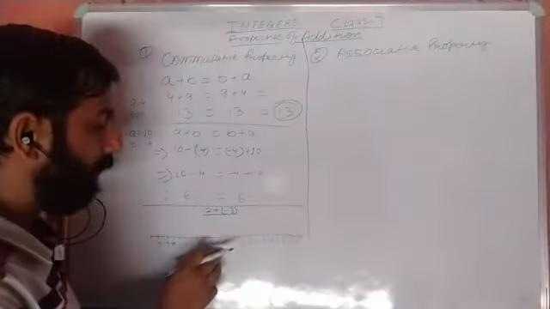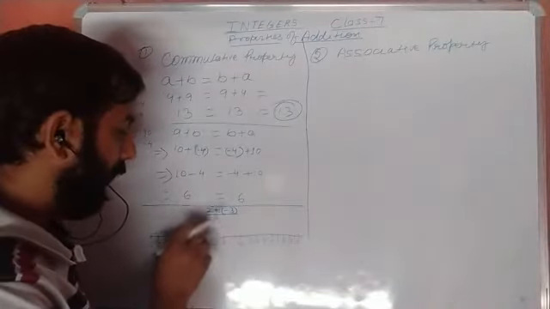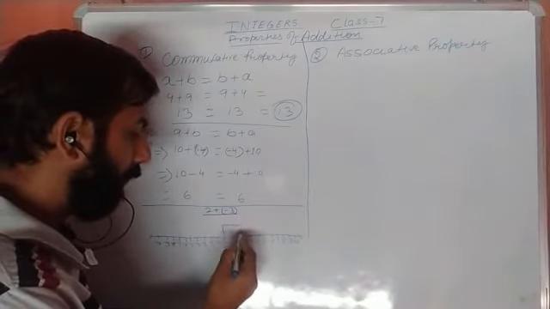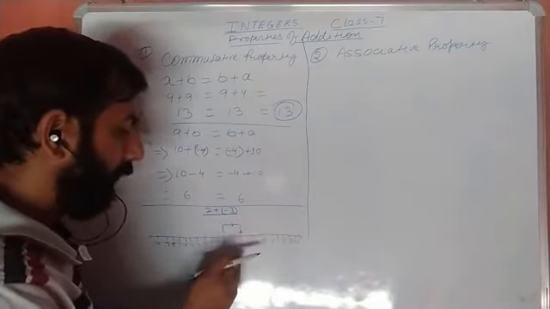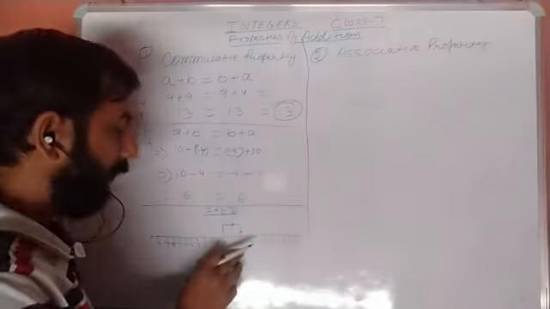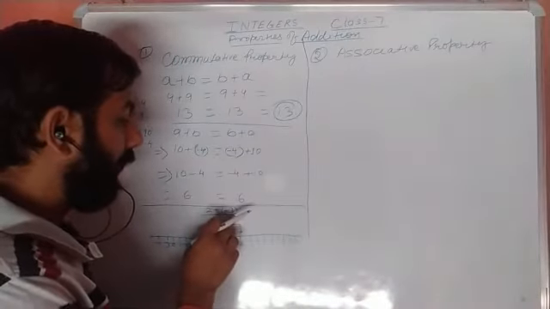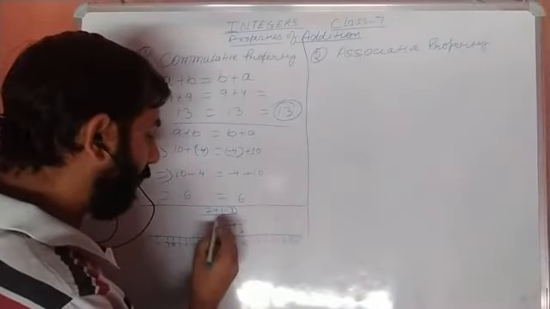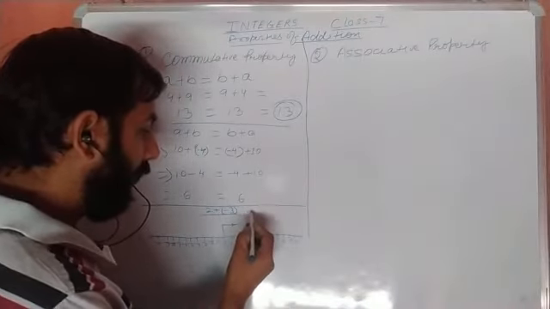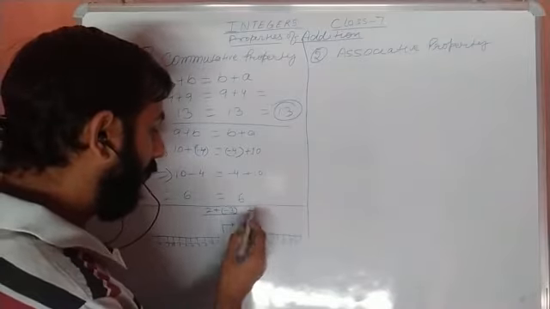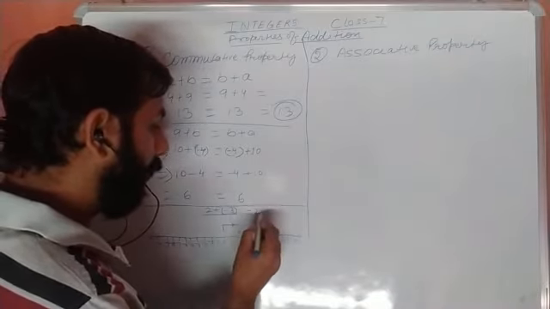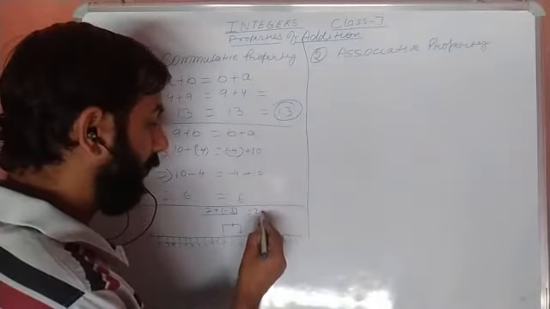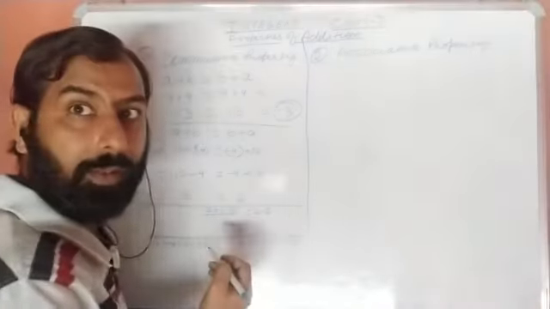From 0 we have to start, 2 digits. Here is plus 2, so we will move from 0 to plus 2. Now it is plus minus 3. So if we change this, plus minus is minus, so it is minus 3.